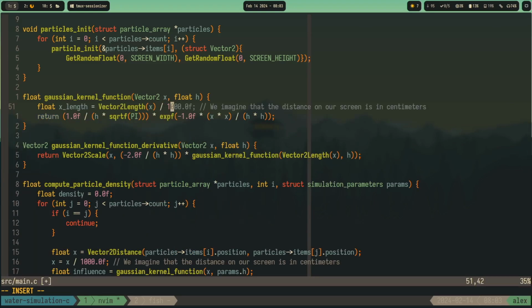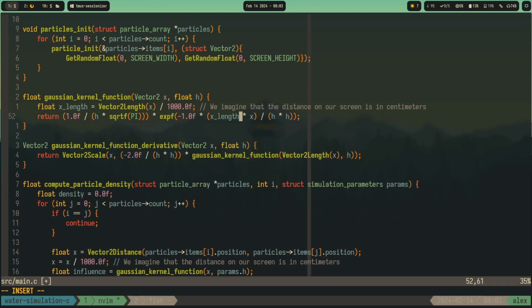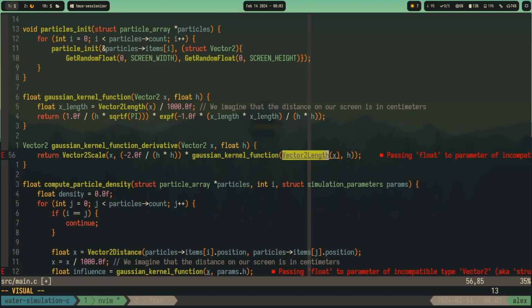Let's divide x length by 1000, and basically we no longer need that.